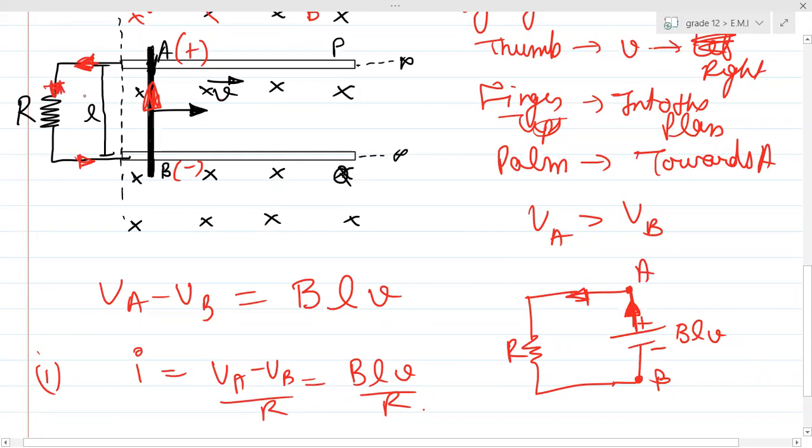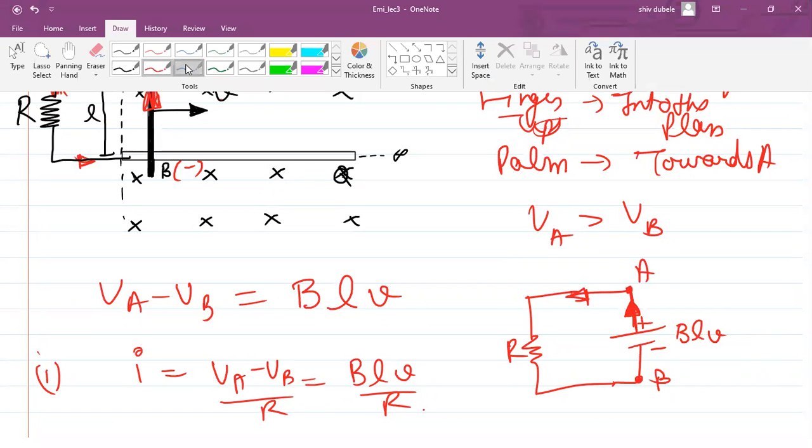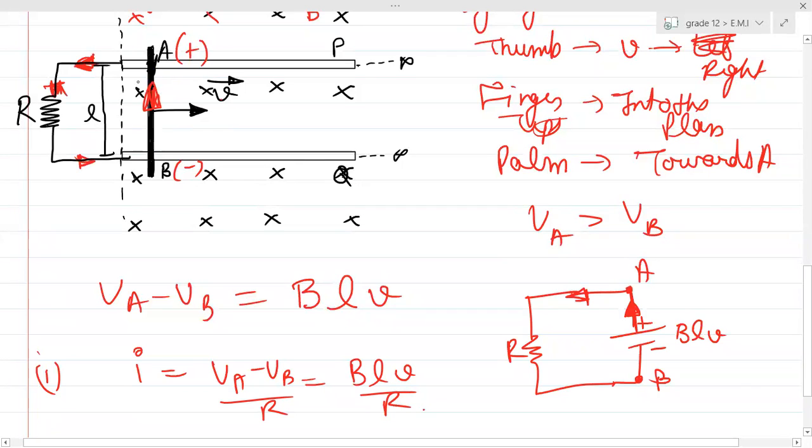Now what happens when a current flows through this thing? Can you see there is a current carrying rod, and this current carrying rod is there inside a magnetic field, so it will experience the Lorentz magnetic force, right? So can you see Fm is equal to L cross B?